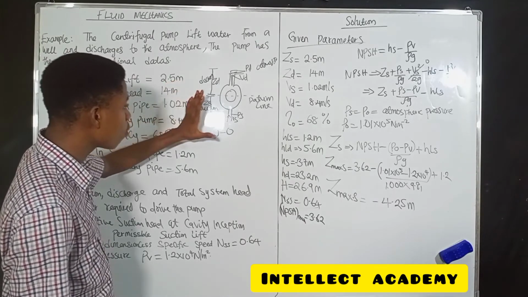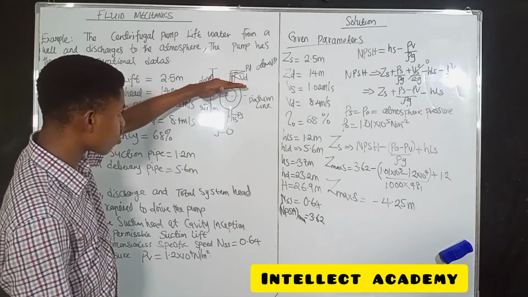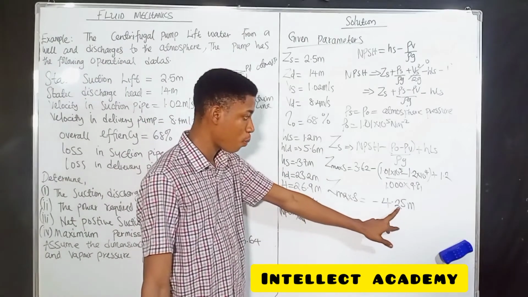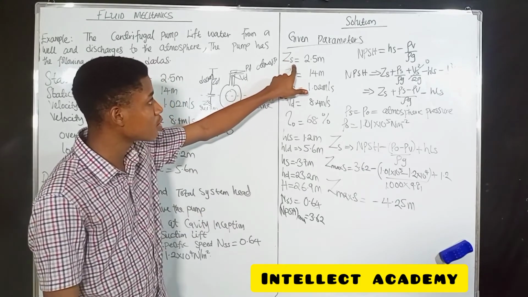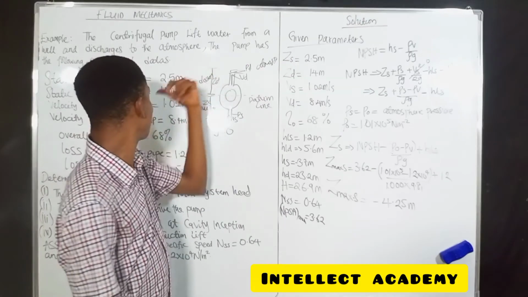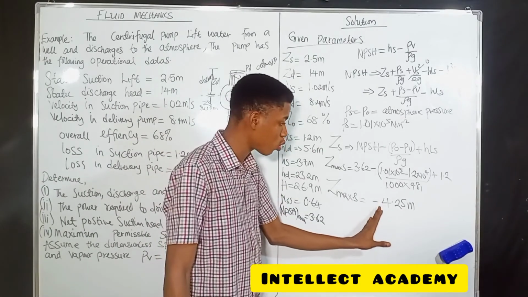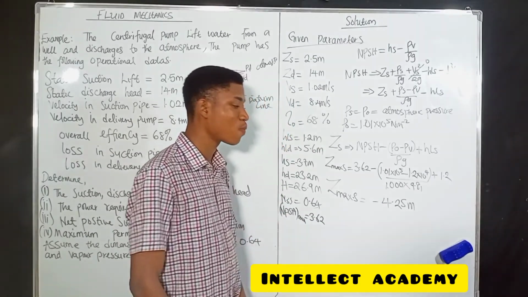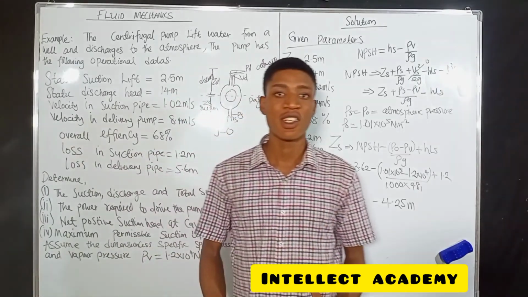So the maximum permissible lift from the well to the datum line is going to be negative 4.25. Take note that we knew that our suction lift earlier was 2.5. This is the maximum value of that suction lift. It is very important to take note of this. So this is the end of sample problem involving centrifugal pumps.